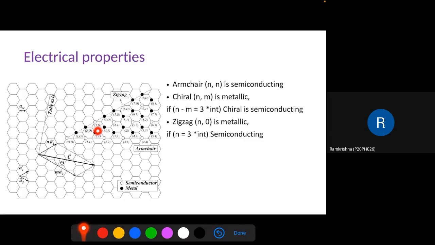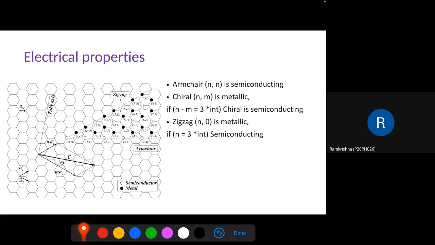So this is a change from metallic to semiconducting. Similarly, 6 0 is also semiconducting. But if you take a chiral one, like 2 1, 3 1, 4 1, 4 1 is semiconducting because now the difference n minus m is 3. This is why it becomes semiconducting.